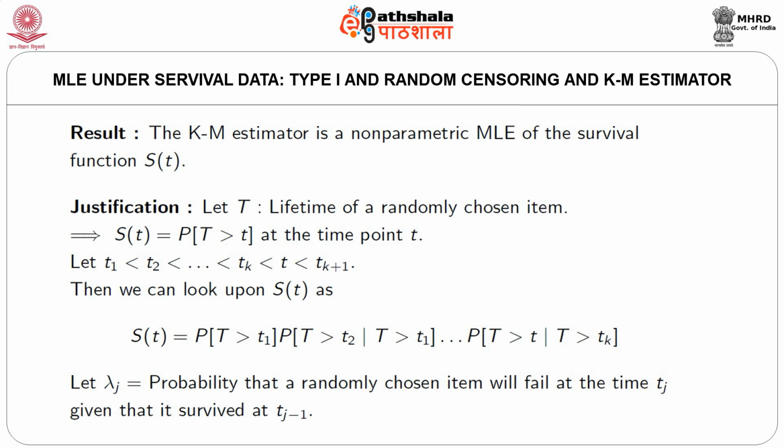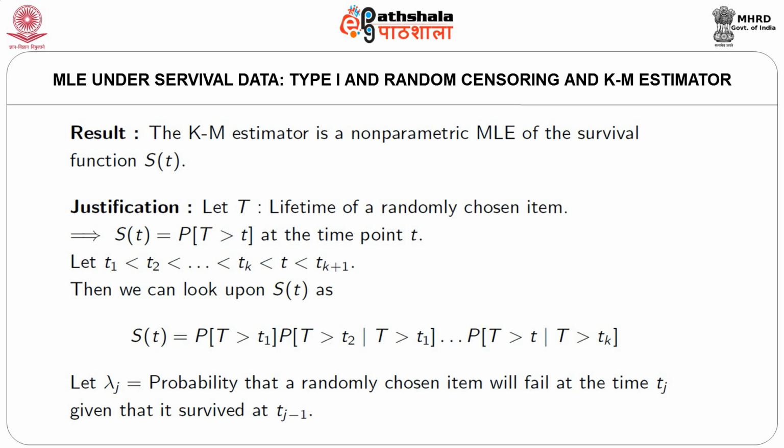This implies the survival function R(t) equals the probability that T is greater than small t, which equals the probability that T is greater than t1, times the probability that T is greater than t2 given T is greater than t1, and so on, up to the probability that T is greater than small t given T is greater than small tk.